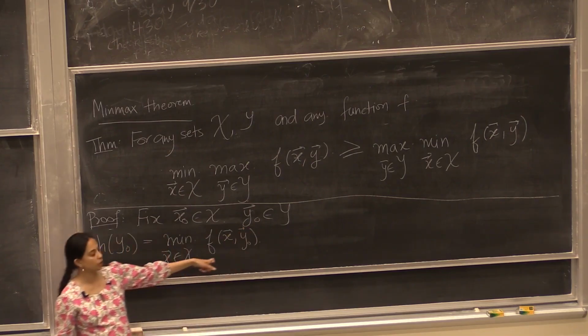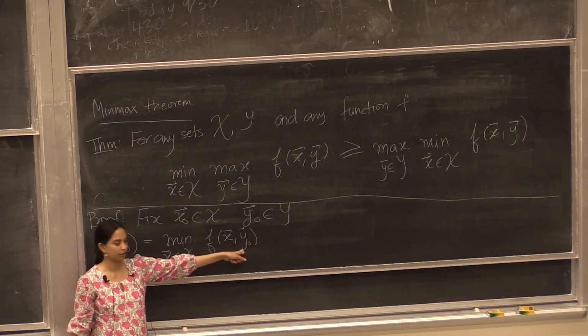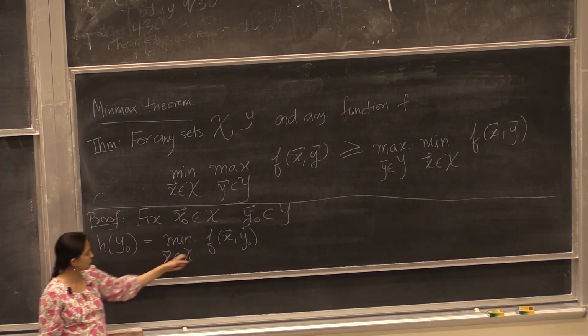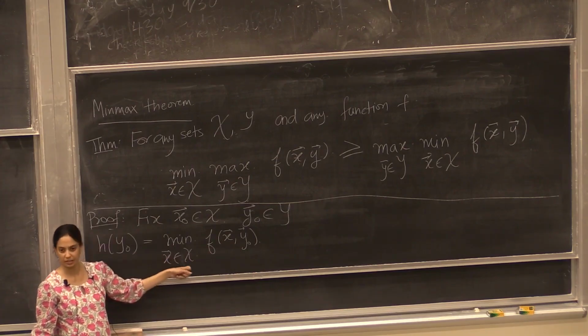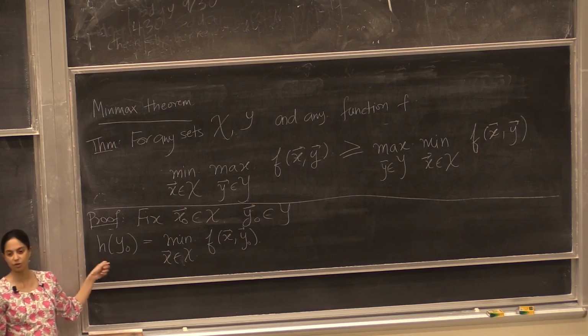So let's look at the function of interest. Fix a y naught. Let's not worry about the maximization over y. Let's just consider only the minimization over x's, and define that to be h of y naught.